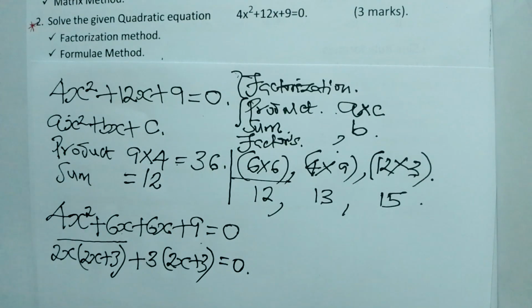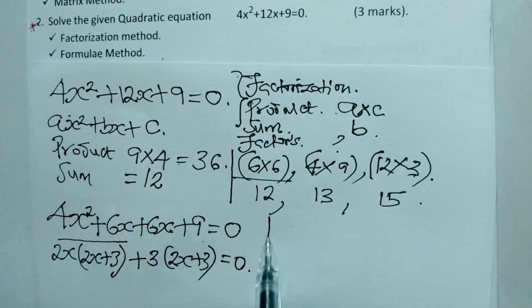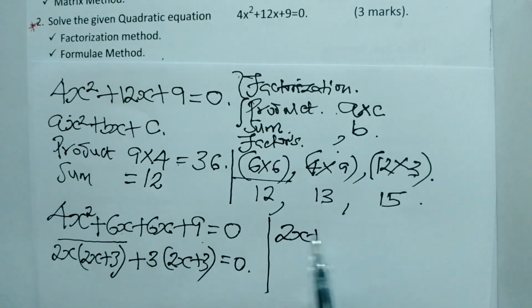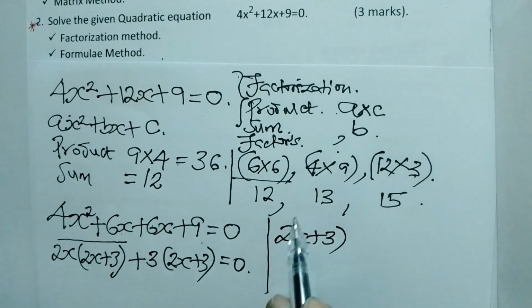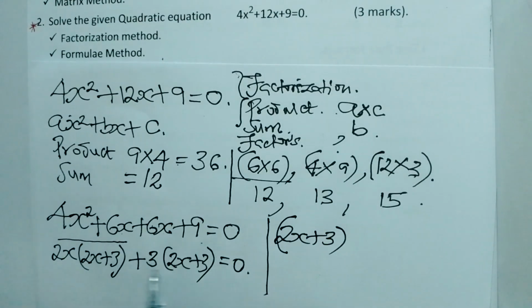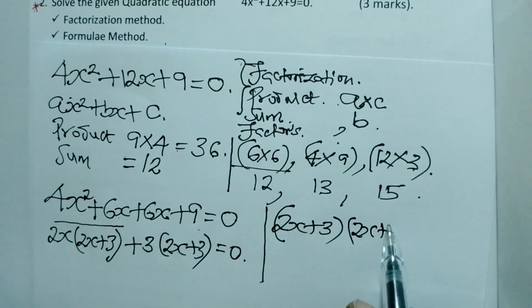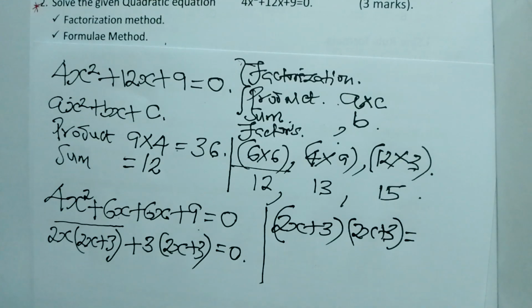After that, 2x plus 3 is common. We can factor that out and write 2x plus 3 multiplied by 2x plus 3 to be equal to 0.